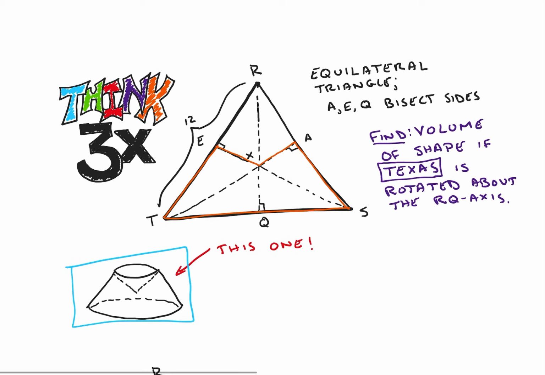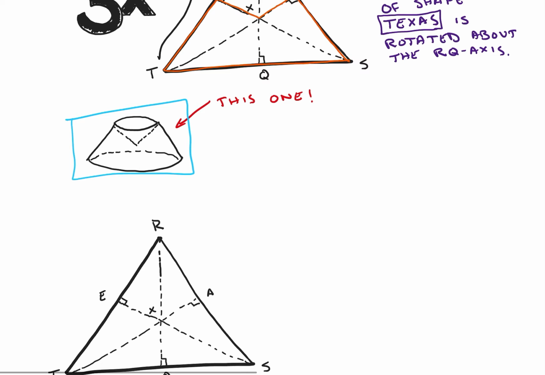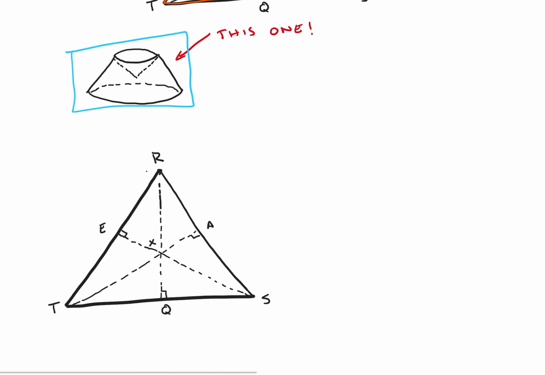Okay, so we know that one side of this triangle has a length of 12. So that's given to us above. So what does that tell us? That tells us that this length AR is 6. So what I'd like to look at here is this overall shape.